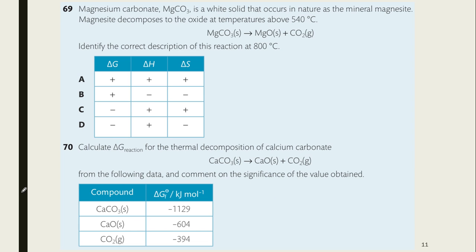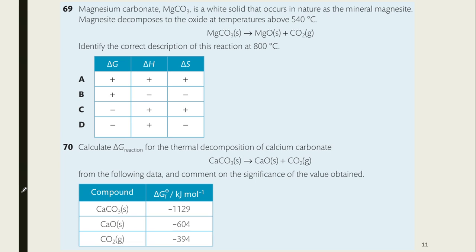Okay, let's try number 69. Magnesium carbonate, MgCO3, is a white solid that occurs in nature as the mineral magnesite. Magnesite decomposes to the oxide at temperatures above 540 degrees Celsius. Okay, so we have the equation for the decomposition.